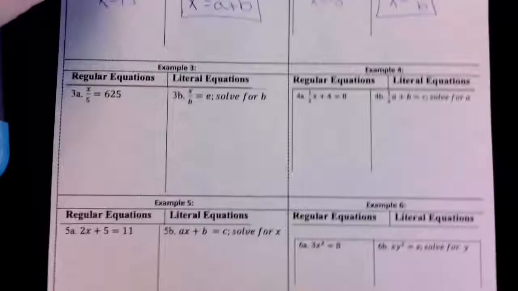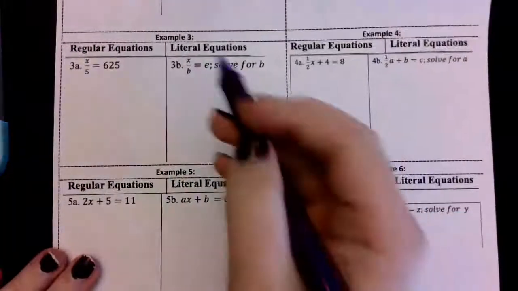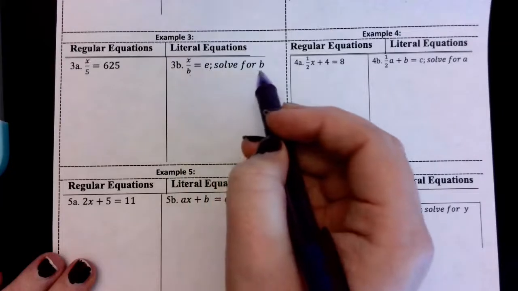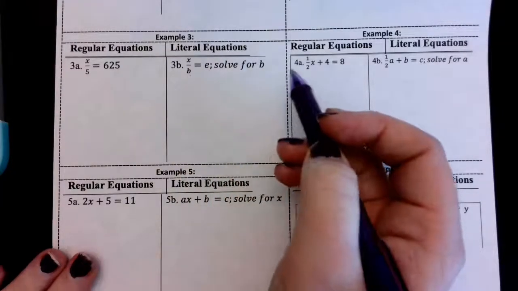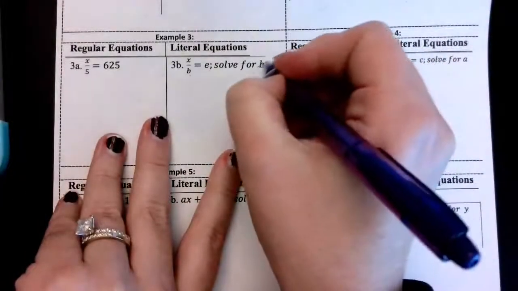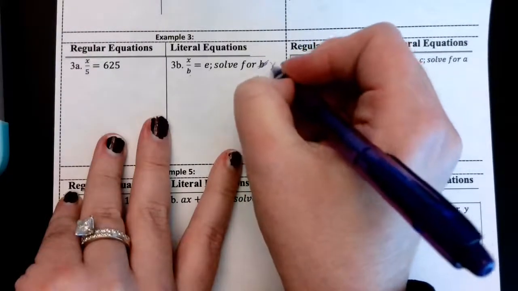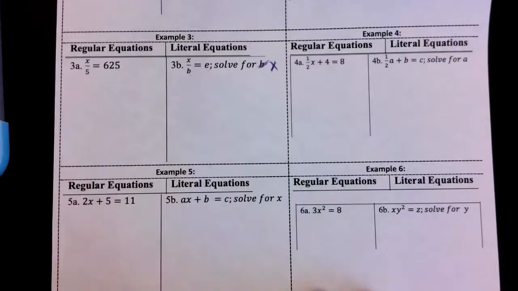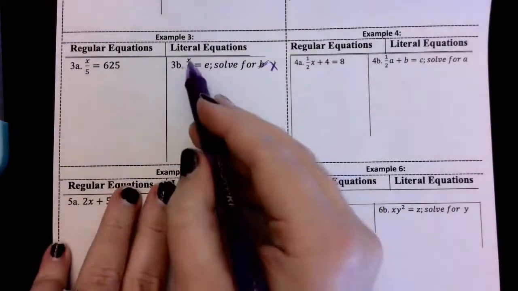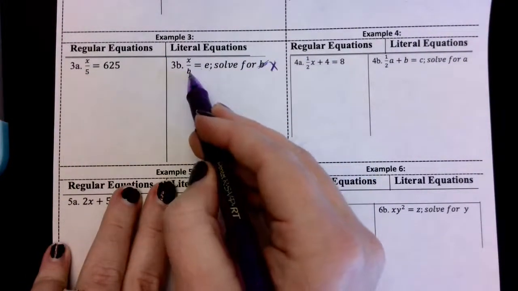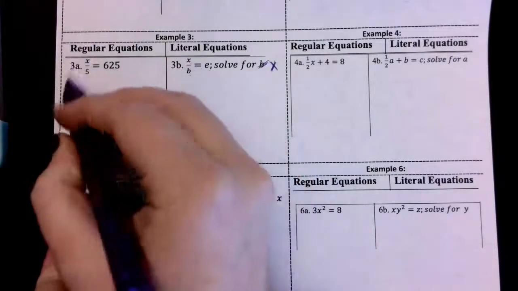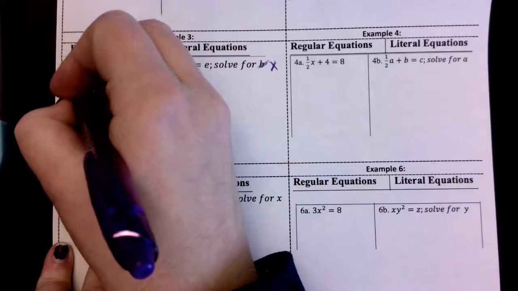Same thing for example 3. X divided by b equals e, and they want me to solve for b. I'm going to change this and say solve for x here. So you can just fix that too to say solve for x. So since x is being divided by b, to get x by itself, just like we would do over here, we would multiply both sides by 5.